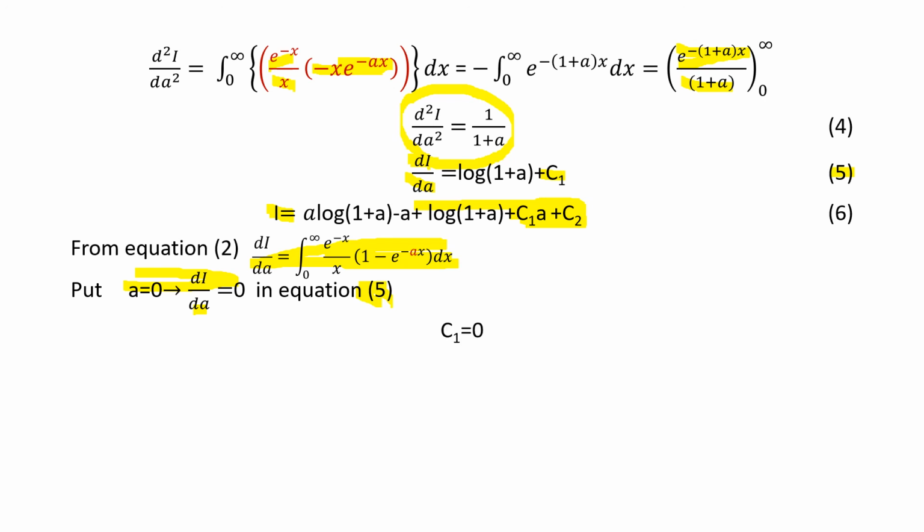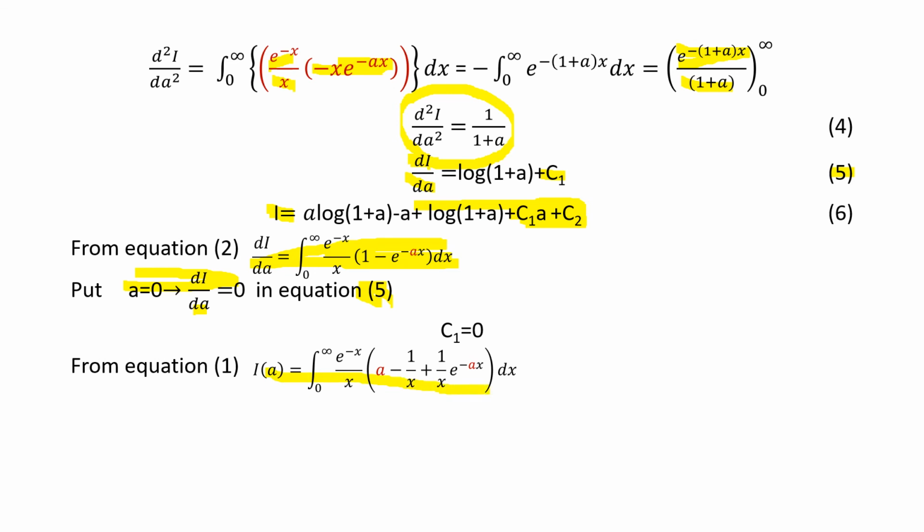Now to get the value of c2, we will go to equation number 1. In equation number 1, we have I equal to integral 0 to infinity of e raised to minus x upon x into 1 minus 1 upon x plus 1 upon x e raised to minus ax, whole dx.